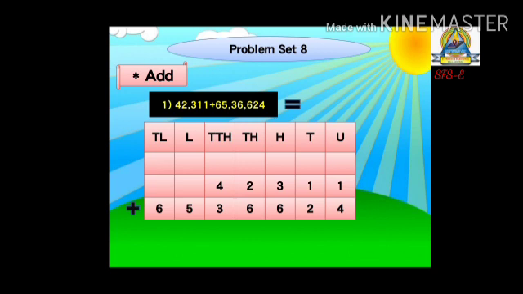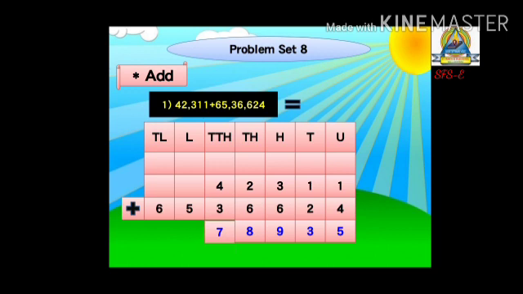And then add 1 plus 4, 5. 2 plus 1, 3. 3 plus 6, 9. 2 plus 6, 8. 4 plus 3, 7. Now here lakhs place 5 is single digit number. So write down that number as it is, and then 6 is also single digit number.